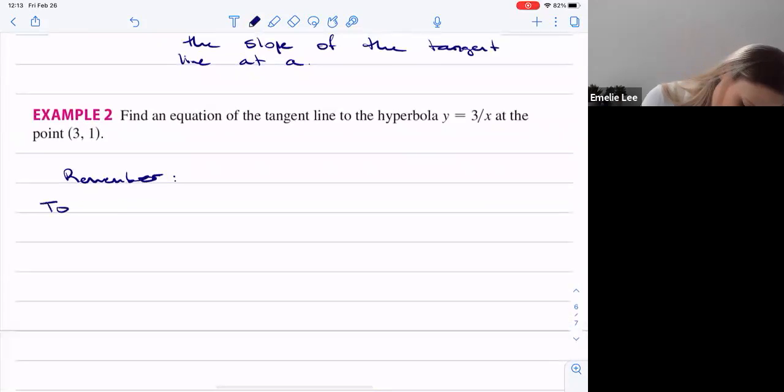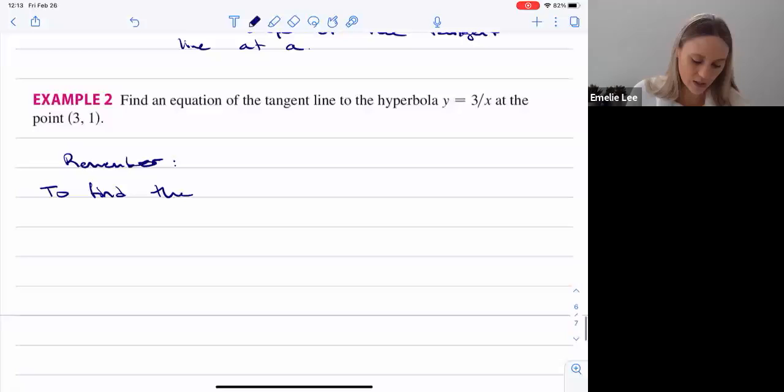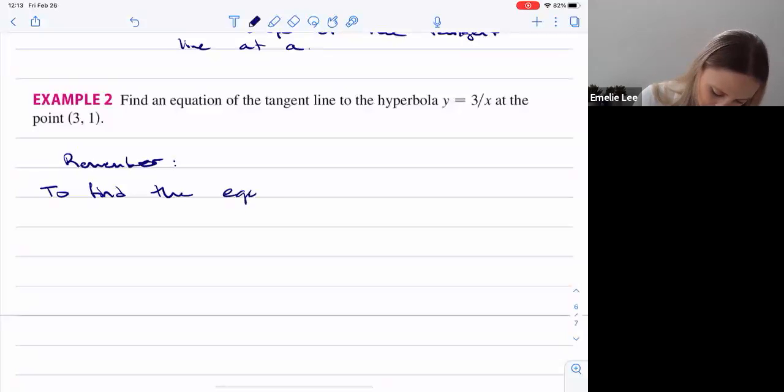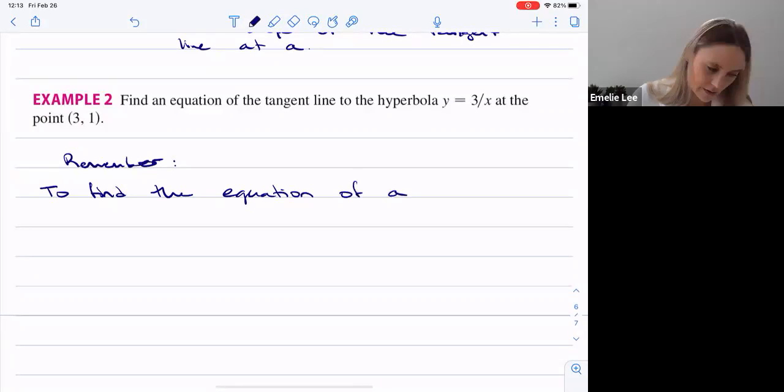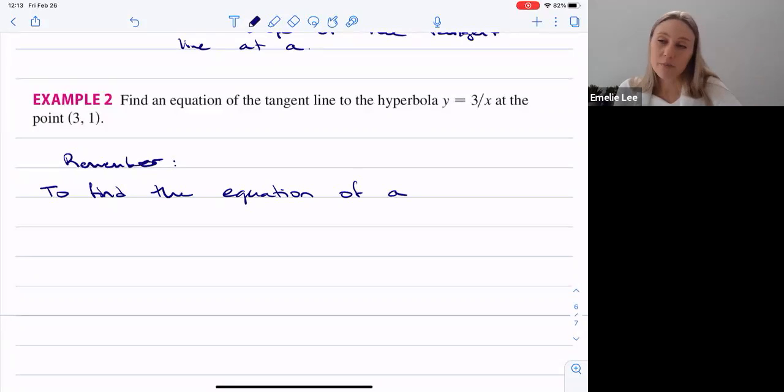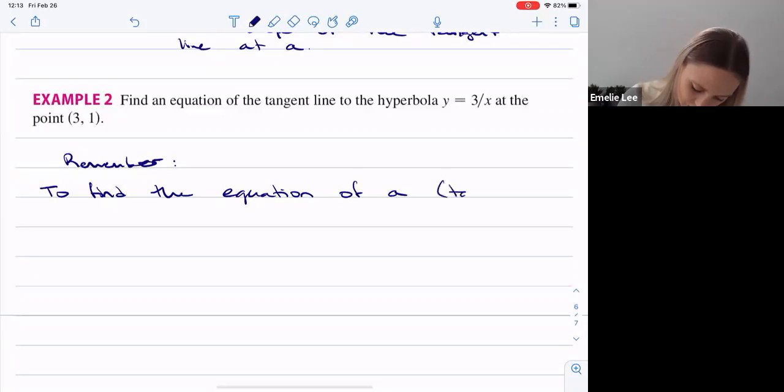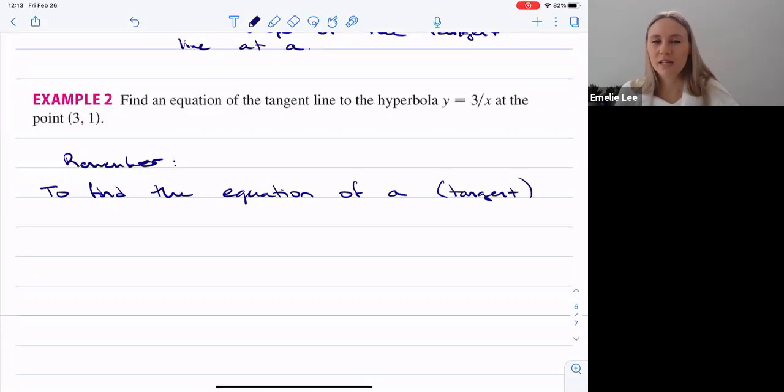To find the equation of a tangent line, or to find the equation of any line, but I'll say in brackets tangent line, because usually that's what we're interested in this course, right? So remember I said, this course is about derivatives. The derivative is the slope of the tangent line.